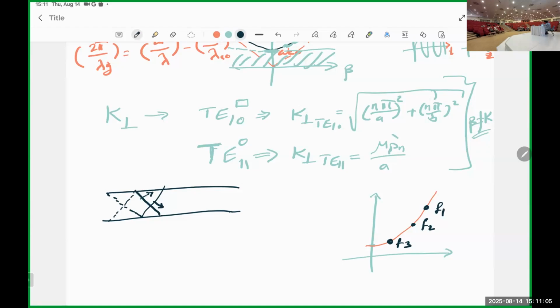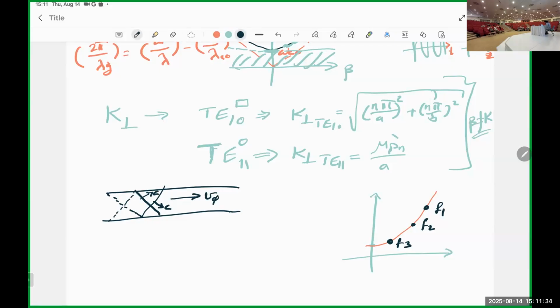The velocity of this ray is always c, but the collective velocity in this direction is greater than the speed of light, which is the phase velocity. If you use the ray representation, you will see how we think about the phase velocity being greater than c.